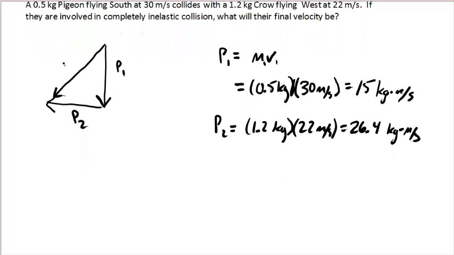So to find our resultant momentum, or momentum after, since this will be a right triangle, I'm going to use the Pythagorean theorem and say the momentum after squared is equal to momentum 1 squared plus momentum 2 squared.